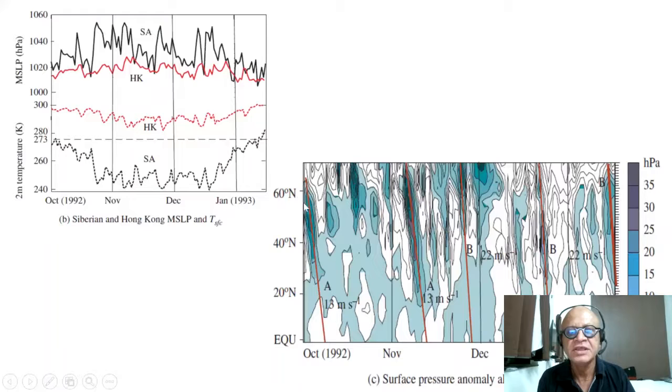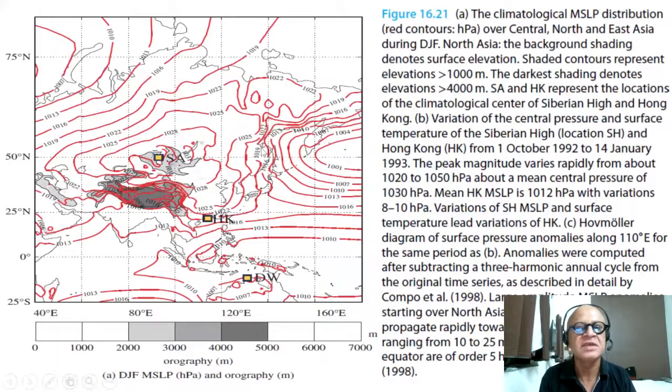And if you look at the Hovmöller diagram over the same time period, going from the equator to 60 north, you can see that these cold surges travel down all the way into the equatorial region at fairly high speeds, from 10 to 15 meters per second, and we will see that the dynamics of the Siberian high, why it gets so deep, is pretty unique.